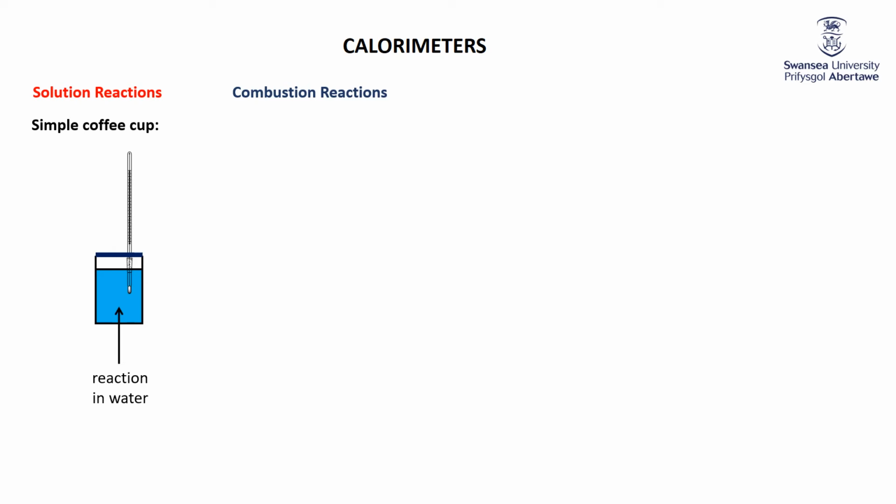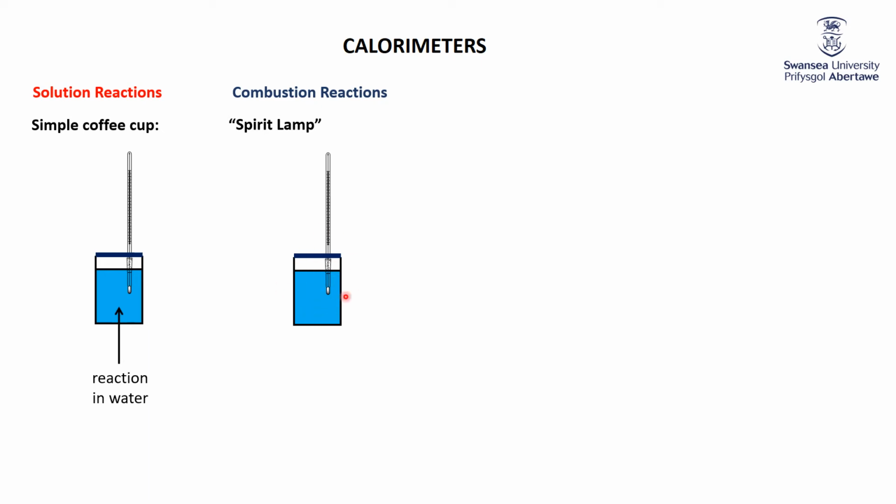However, an awful lot of calorimetry is associated with combustion reactions, a burning of something, and we obviously can't just put something in water and burn it, so we have to be a little bit smarter. Now at A level, what you typically do is you use this little setup here using a spirit lamp. You again have water with a thermometer and a lid, so this is going to be the surroundings, right?